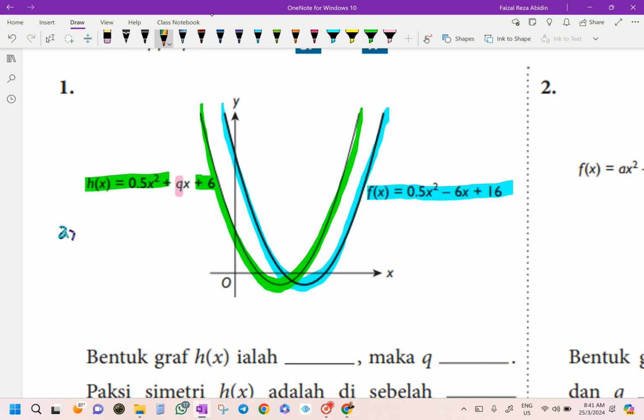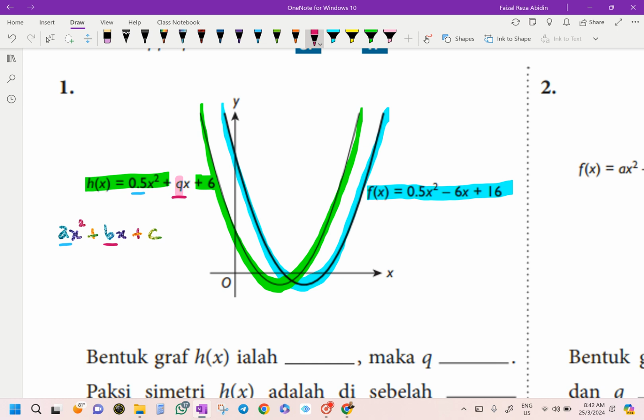This is AX squared plus BX plus C, kan? So A is going to be for our shape, betul tak? So how about B here? This B is Q here.